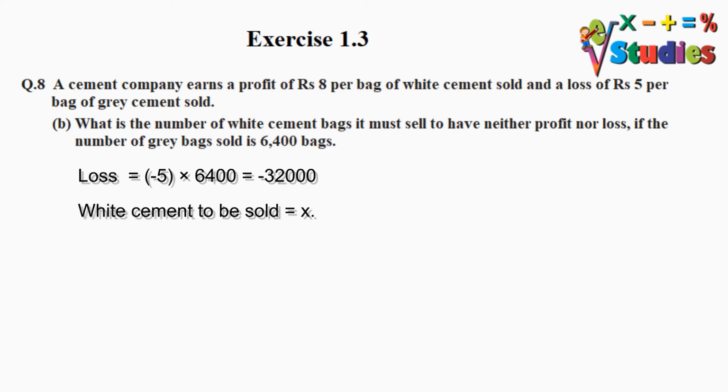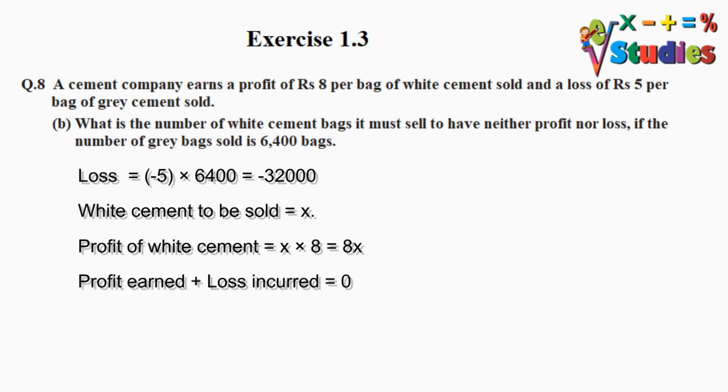Let the number of bags of white cement to be sold be X, and the profit earned while selling 1 bag of white cement is rupees 8. So the profit earned while selling X number of bags would be X multiplied by 8, which is 8X. So in the condition of no profit or no loss, the profit earned plus the loss incurred is equal to 0.